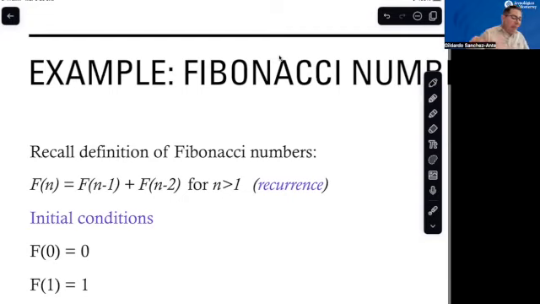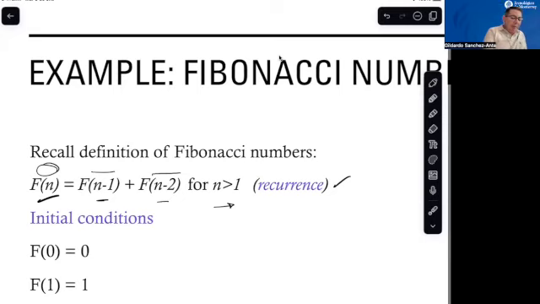If we want to compute the Fibonacci of n, then we add the Fibonacci of n minus 1 and Fibonacci of n minus 2, for any value n bigger than 1. And this is a recurrence because, of course, in order to compute the Fibonacci of a number, we need the Fibonacci of two other numbers.